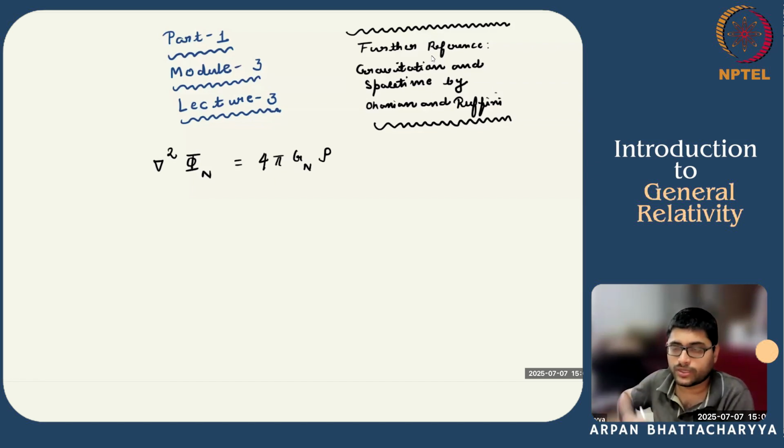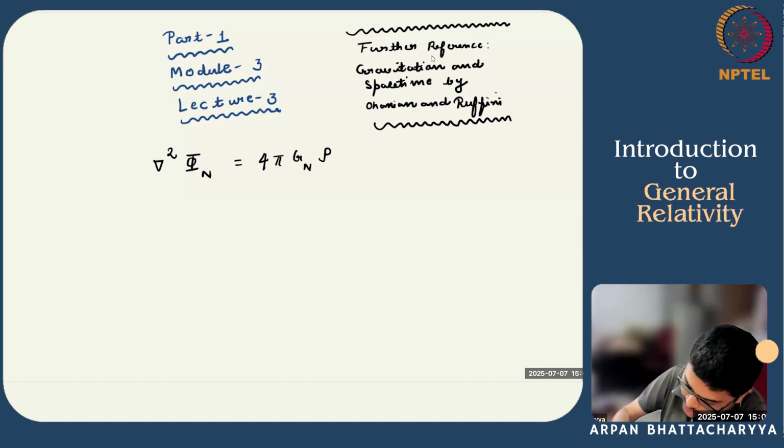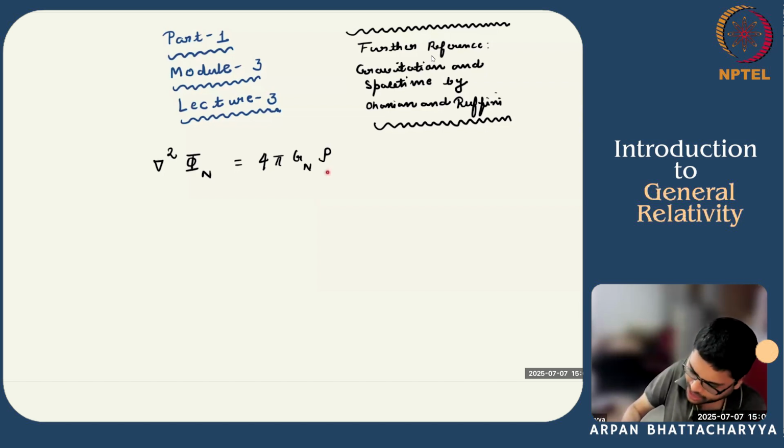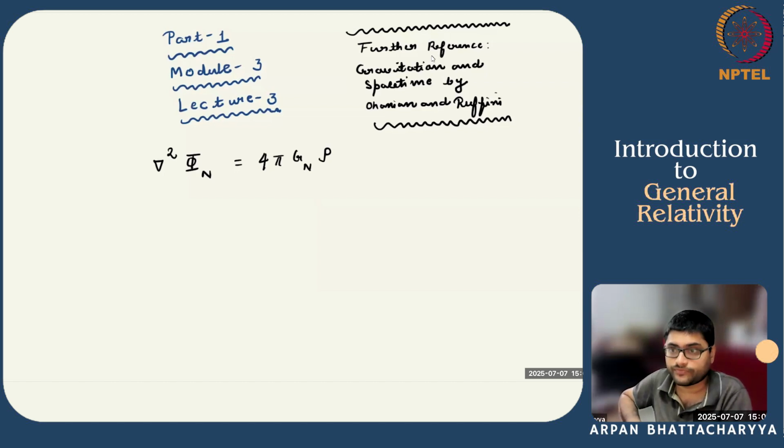Now, to come up with the Lorentz covariant version of this equation, first take a look at the right hand side of this equation. So, in the context of electrostatics, we have the charge density as a source, and we know that together with the charge current, they form a 4 vector.